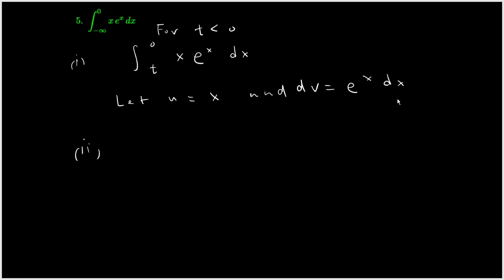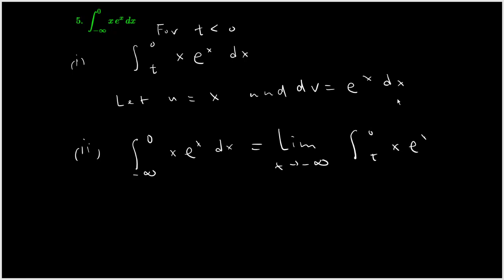And then in the second step, from negative infinity to 0, you take the limit as t approaches negative infinity. The same as before. The answer to step 1 is going to be a function of t.